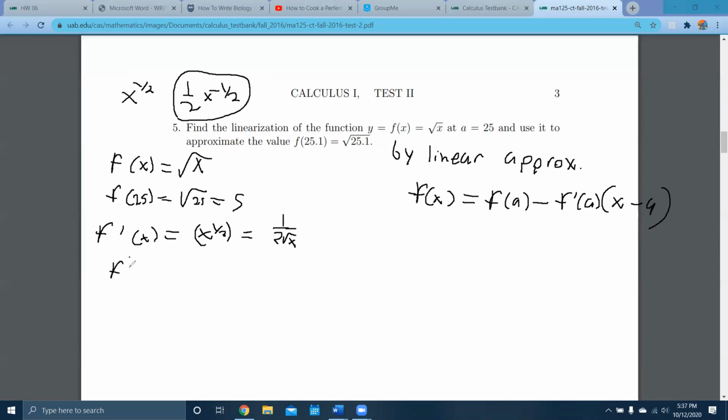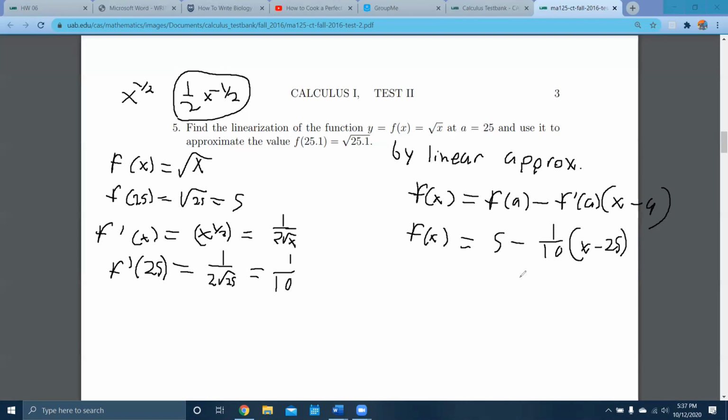So now f prime of 25, or f prime of a, is going to be equal to 1 over 2 times the square root of 25, which is going to be equal to 1/10. So now we plug everything into our formula, and we get that f of x is equal to 5 minus 1/10 times x minus 25. Now it asks us to approximate the value of f of 25.1.